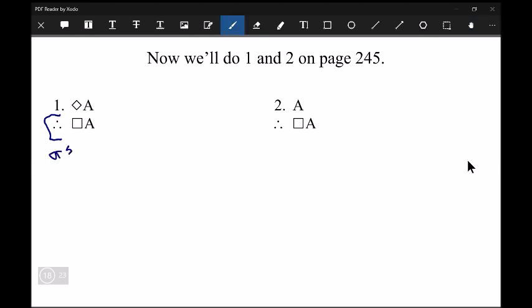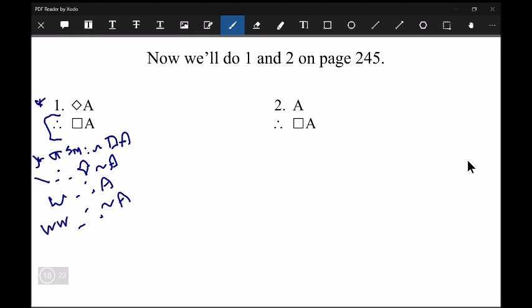So you assume not necessary A, and so you get possible not A, reversing the squiggles, and then each one of the possibles has to go into a new world. So possible A in the first premise: in world W, A is true. Possible not A in the second premise: not A is true in world WW.